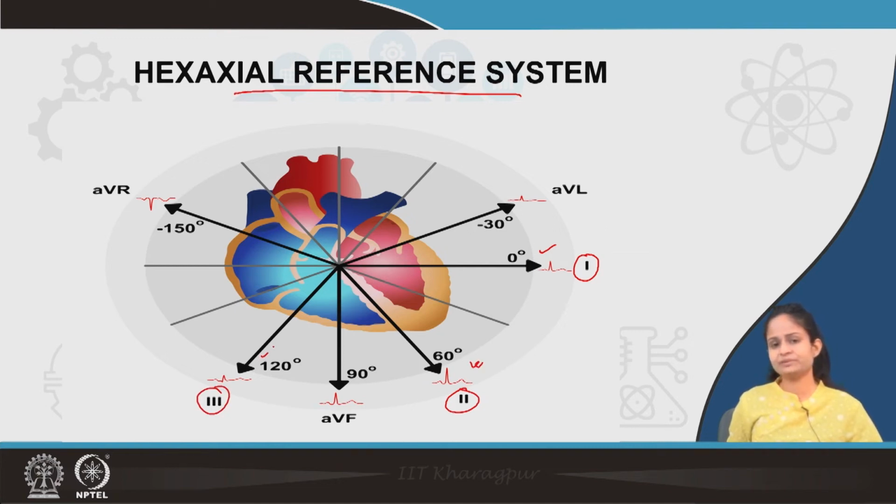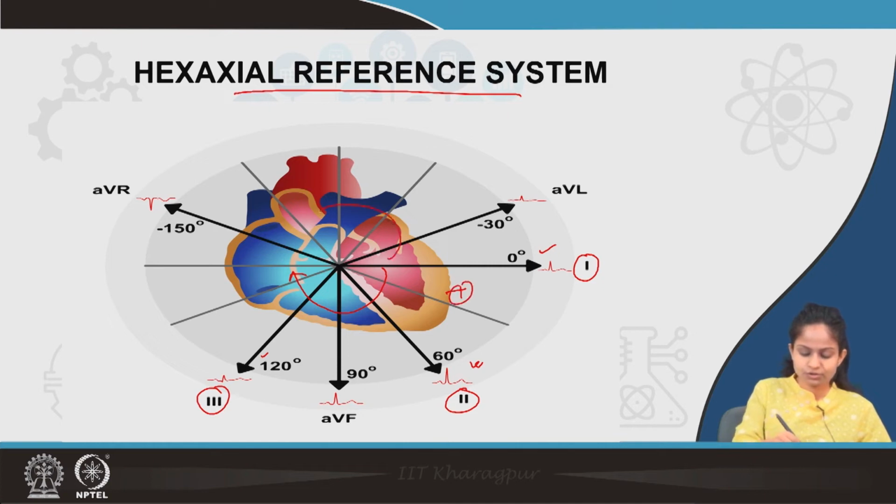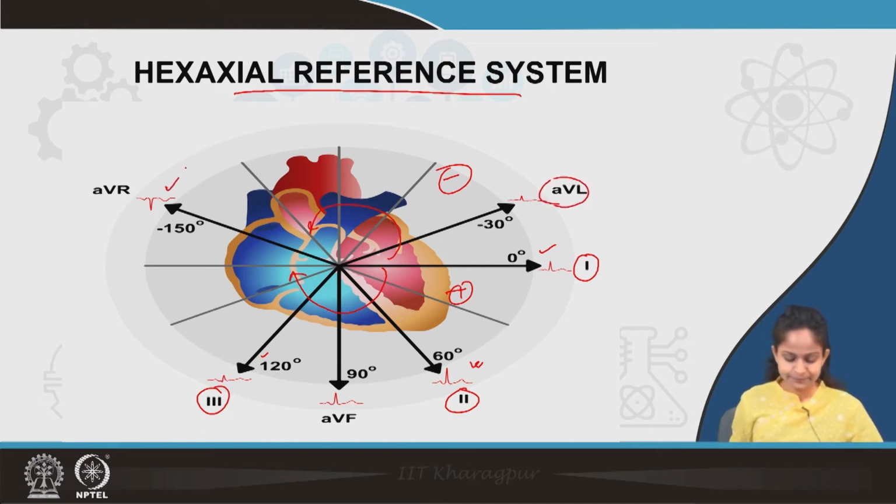These are the standard limb lead angle orientations, which means in the downward portion the deflection is positive, whereas the upward portion is negative. That is why we see AVL to be minus 30 degree, AVR is minus 150 degree, and AVF is 90 degree.